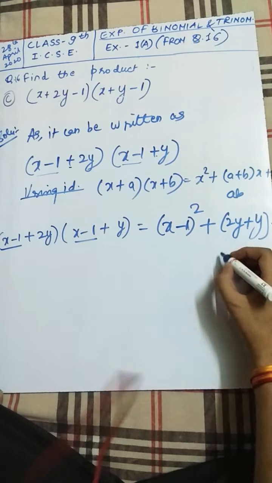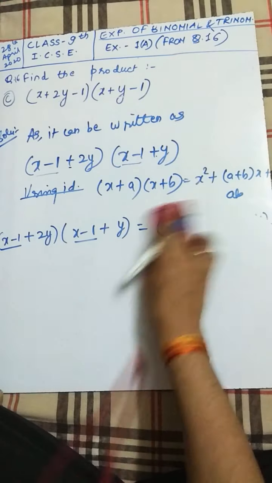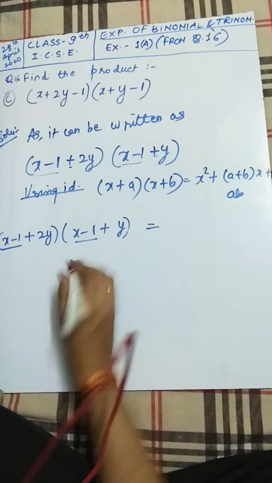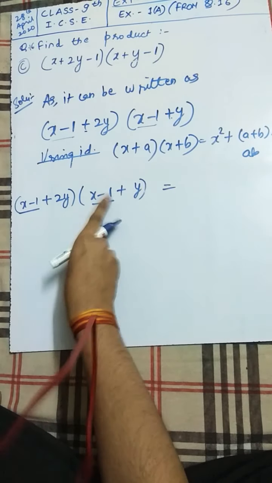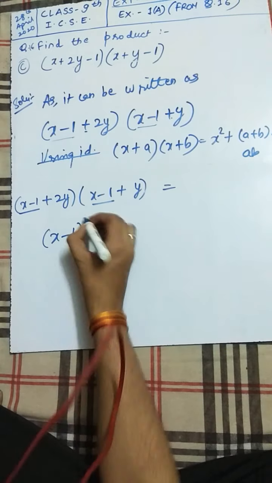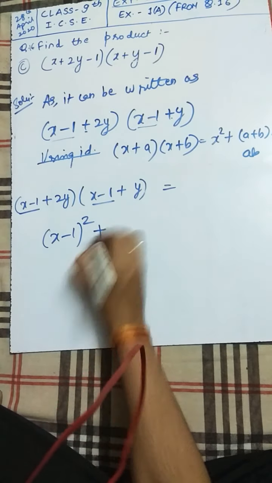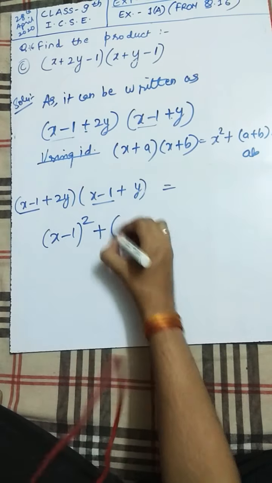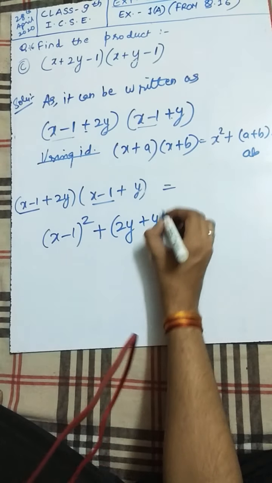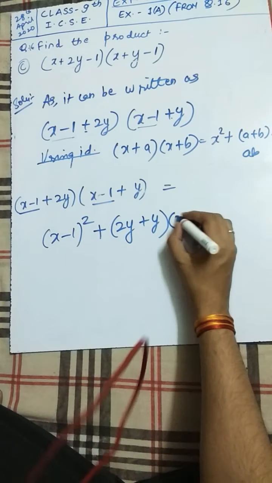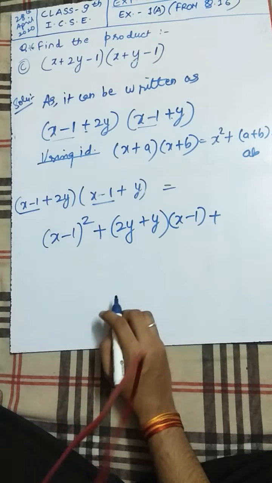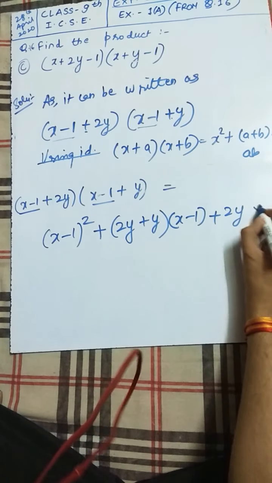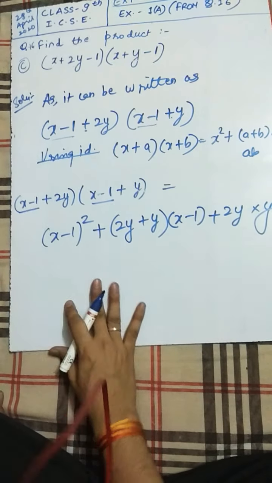In place of x we write x minus 1. So (x minus 1) whole square plus (2y plus y) into (x minus 1) plus a into b, this is 2y into y, simple as that.